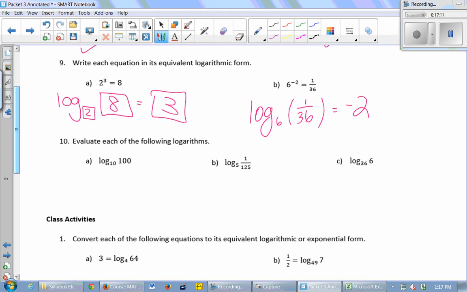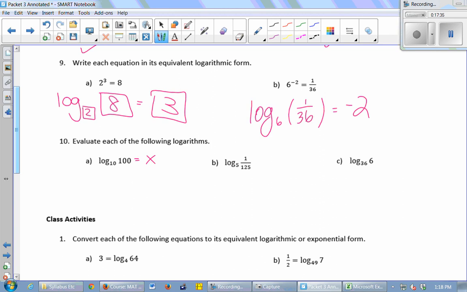All right. So now we're going to get a little trickier. We're not just translating because I didn't give you what it equals. That's the question. What does that equal? Okay. So this is log base 10 of 100. If I wanted to write that as an exponential, we don't know what it equals.